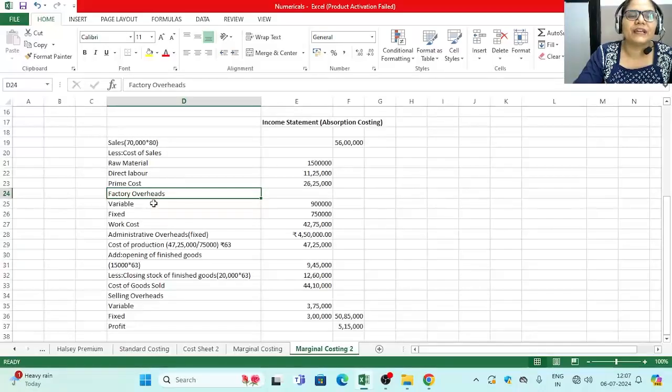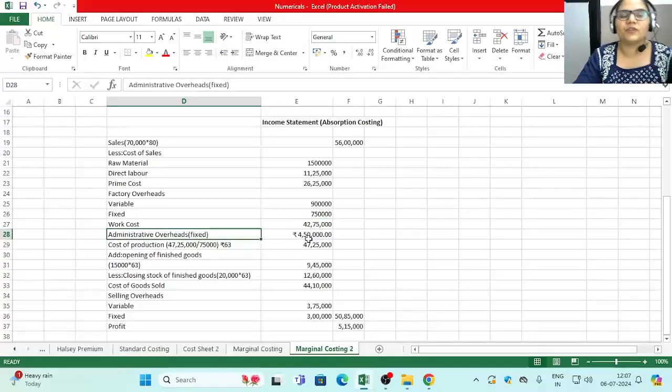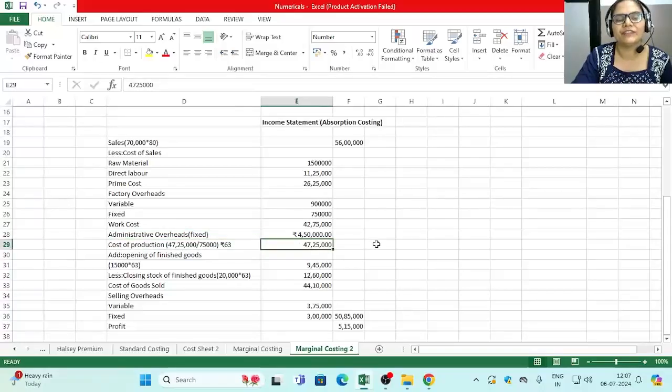Factory overheads are mentioned over here as variable and fixed. We will copy them as it is. And finally, after adding all these figures, we will get the work cost. After work cost, we usually add administrative overheads, which are given as fixed, and variables are not mentioned in the question. So we will record administrative overheads fixed 4,50,000. After adding administrative overheads in work cost, we will get the cost of production 47,25,000.